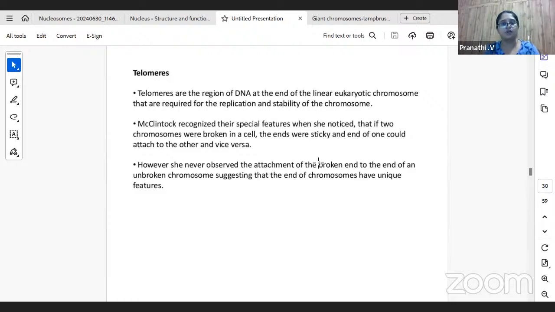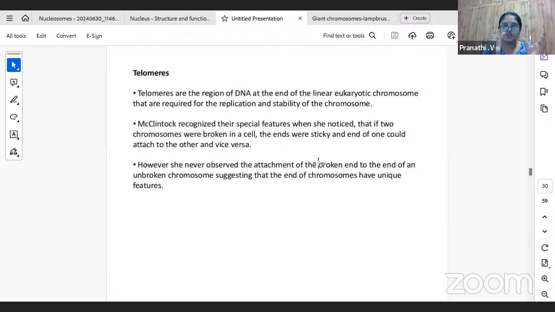These are two features of the telomeres. So Barbara McClintock reported that if two chromosomes were broken in the cell, the ends were sticky, and the end of one could attach to the other and vice versa. Now she did not see the attachment of a broken end to the end of an unbroken chromosome.